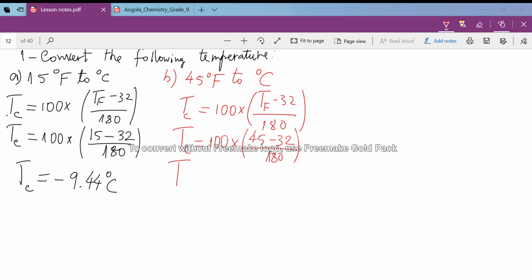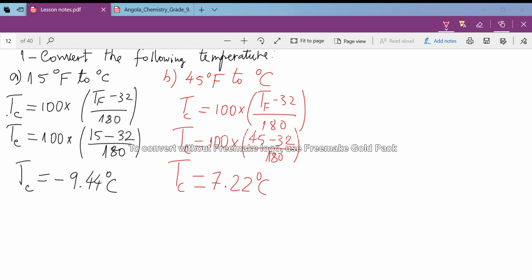Now guys, again, let's do it step by step so that you do not make mistakes. So first 45 minus 32, which is 13, then 13 divided by 180, we get 0.072222 times 100, then we get 7.22 degrees Celsius.